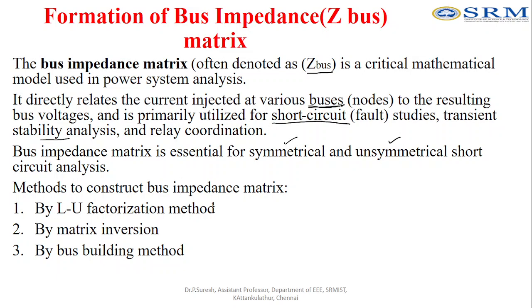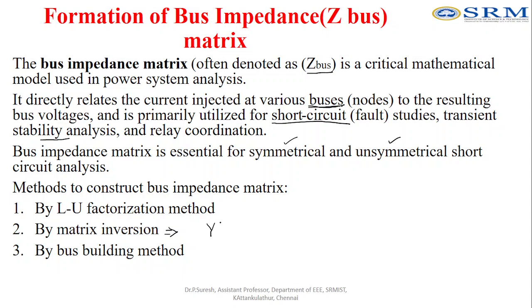The first method is the Z factorization method. The second method is matrix inversion. For matrix inversion, we invert a matrix to find the Z bus. Before finding the Z bus matrix, the bus admittance matrix, represented by Y, is essential.